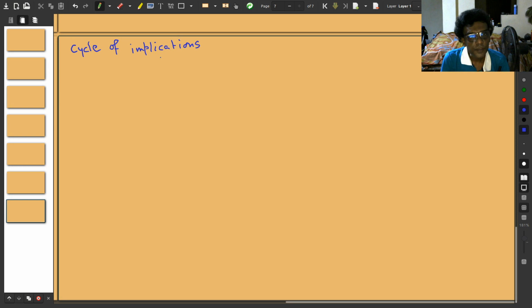So we give something like 3, 4, 5, some number of statements. If each one of these is true, then all of the others are also true. Okay. So this is called a set of equivalent statements. So I give you an example to illustrate this.